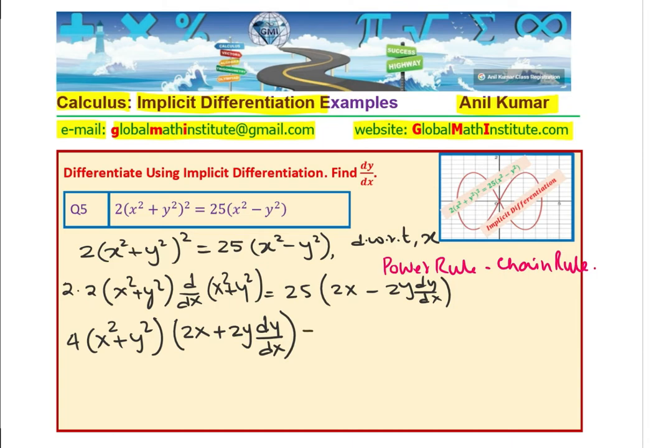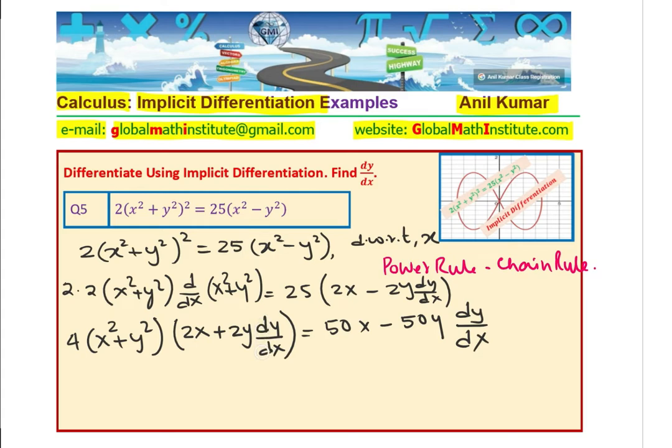And on the right hand side, if I open the bracket, I get 50x minus 50y dy dx. So I hope this step is absolutely clear. You can take a moment, try to understand what we have done here. And now the idea is to figure out what is dy dx.